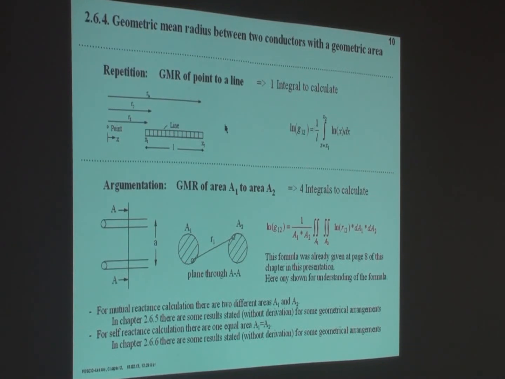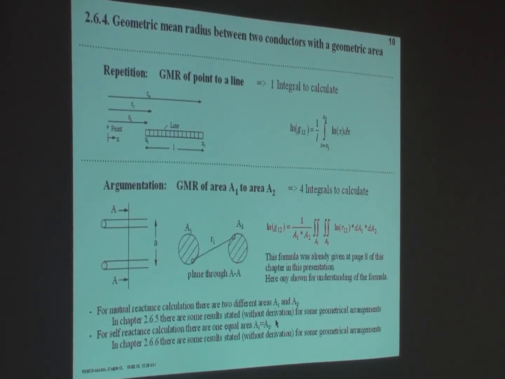We compare what a geometric mean radius is. The geometric mean radius is the mean value we calculated for a point against a line, and if we have two areas, we have to do this integral. Because it's important, I will put it on the flip chart.